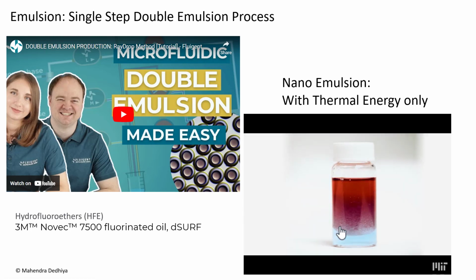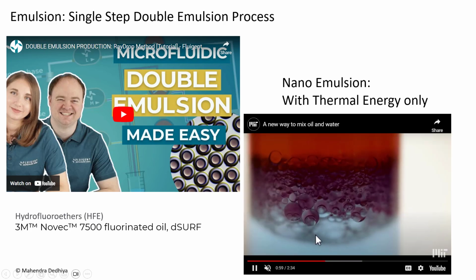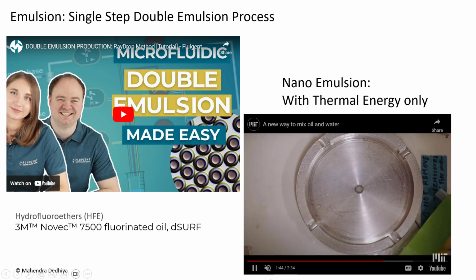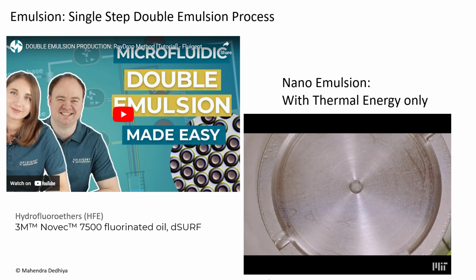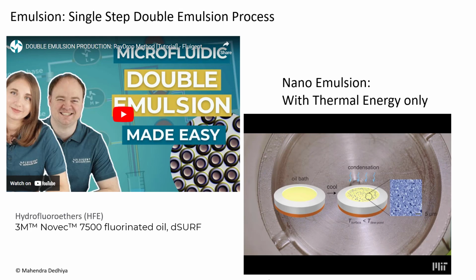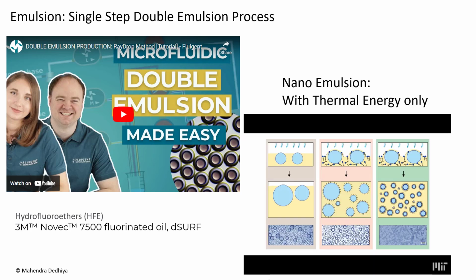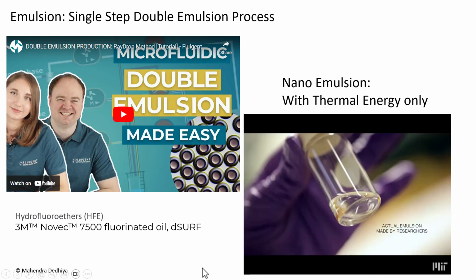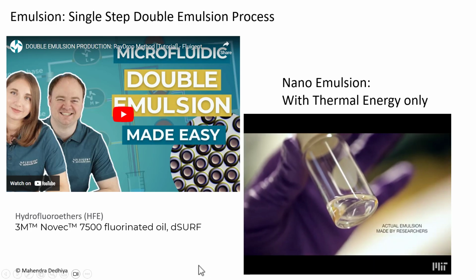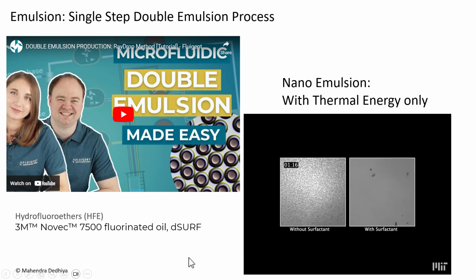It will break without an emulsifier. The oil phase is added to a disc, and water is then condensed over the oil phase. This then produces an emulsion. The actual emulsion is translucent.